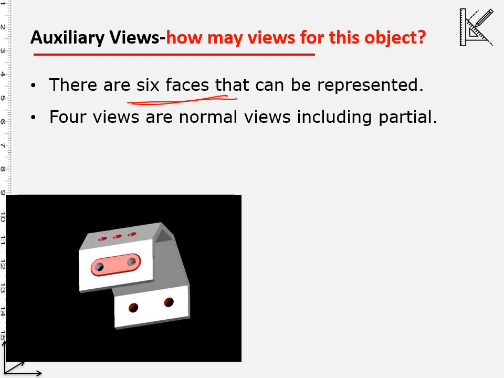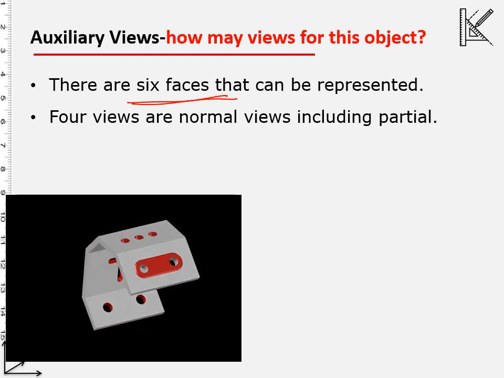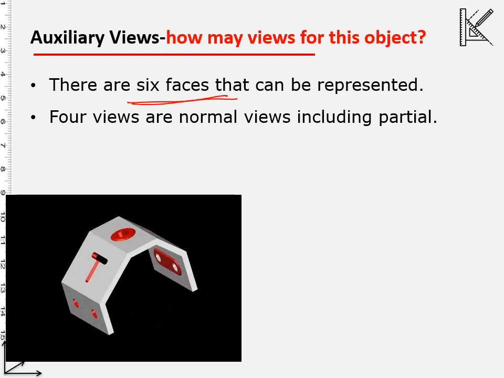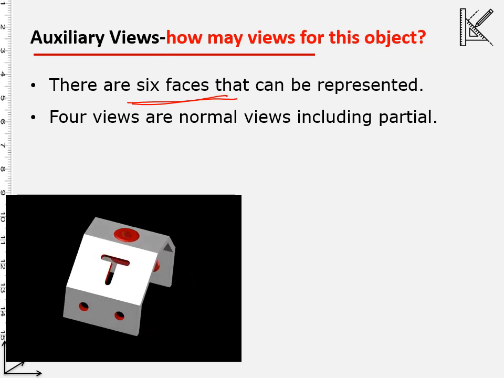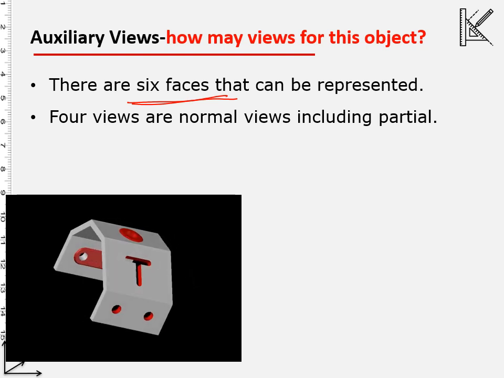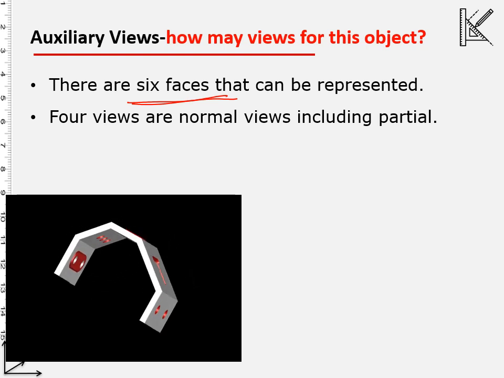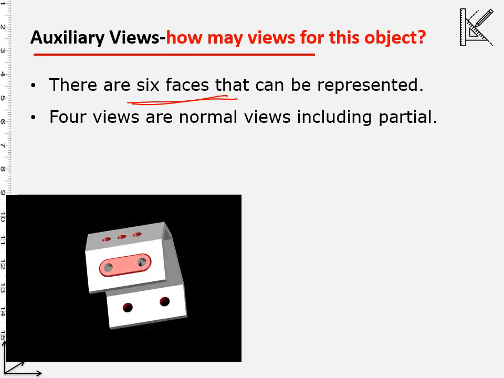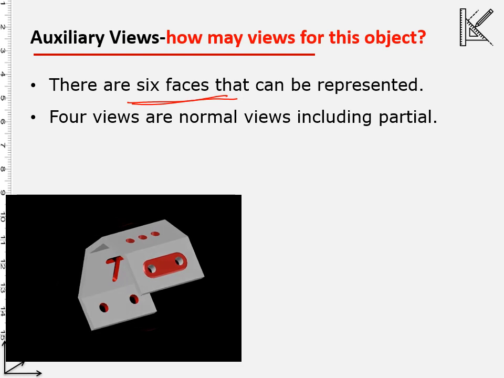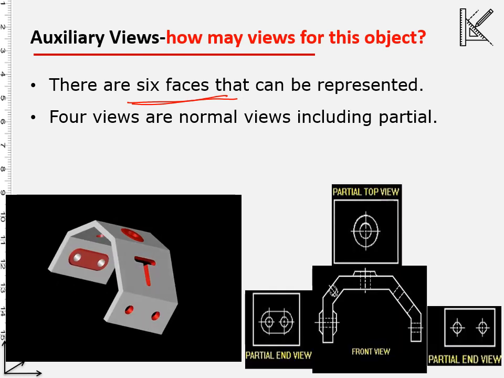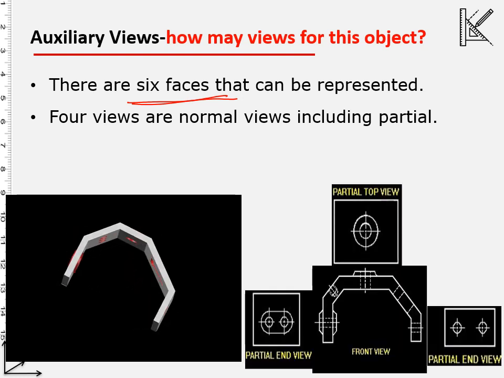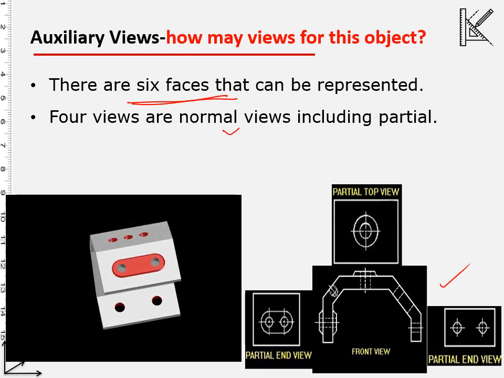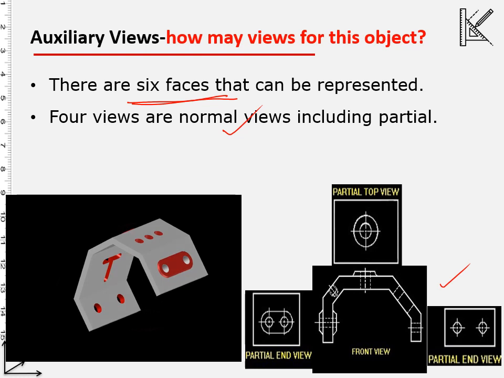So those 4 can be represented by orthographic projection on the principal planes. And what are those 4? The frontal view, the profile view on the right, the profile view on the left side, and then the horizontal view. However, still there are 2 more. So this is the answer of the 4 normal views which are on the principal planes.